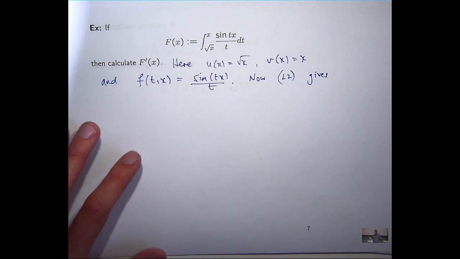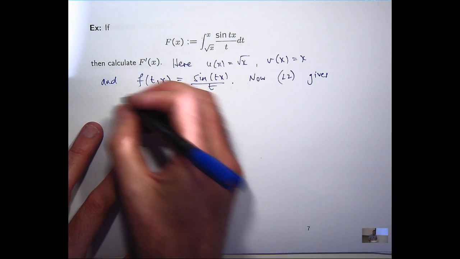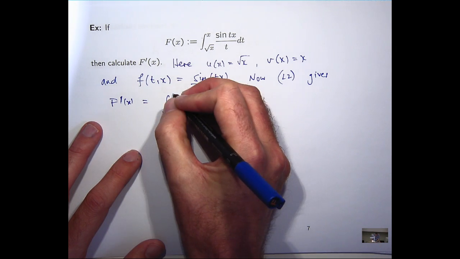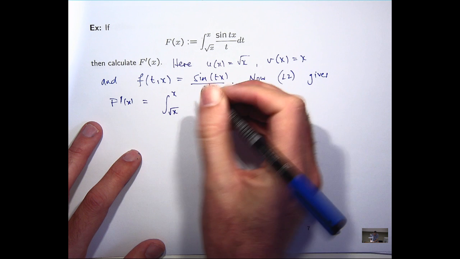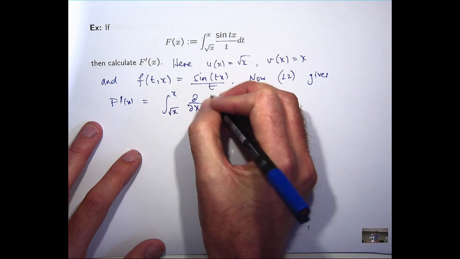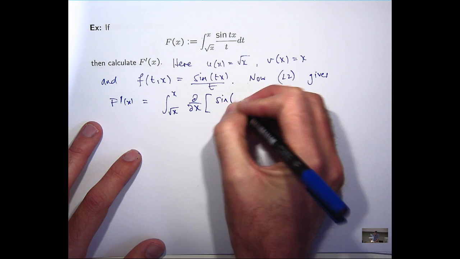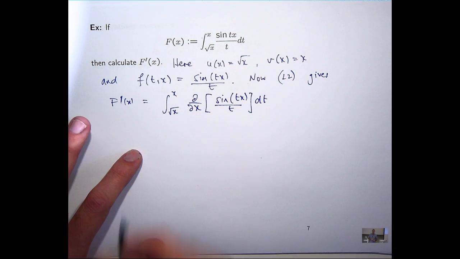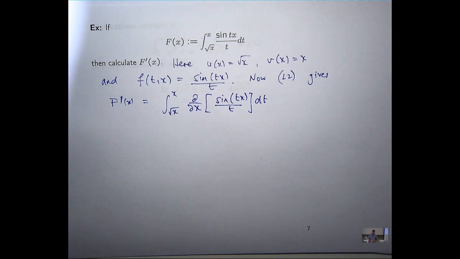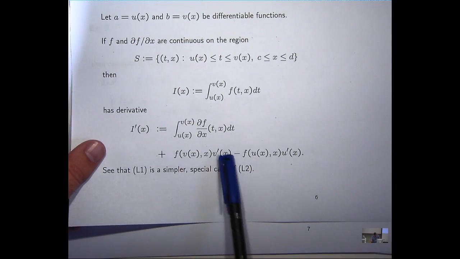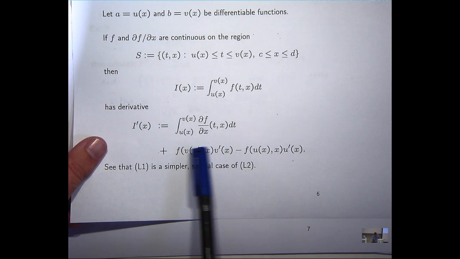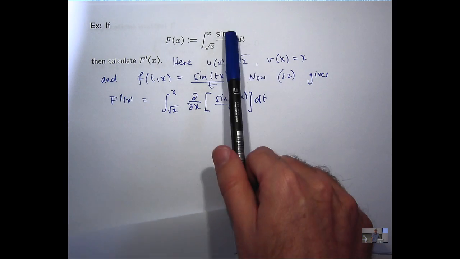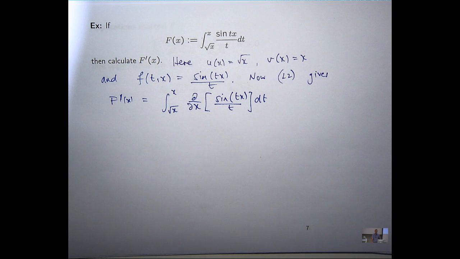L2 gives the following. That's the first term. And now we want to get these terms here. So we want to differentiate and plug in u and v. You replace t with u and v in your f.